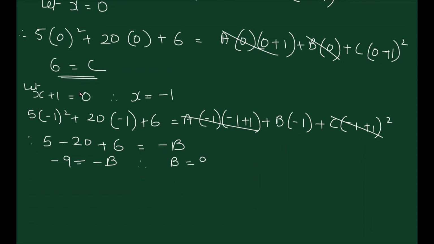and therefore we get the value for b as 9. Now we still haven't got a, so we substitute x as any other value other than 0 or minus 1. So suppose x is equal to 1, it can be any value. Suppose x is 1, therefore we get 5 into 1 square plus 20 into 1 plus 6 is equal to these terms.